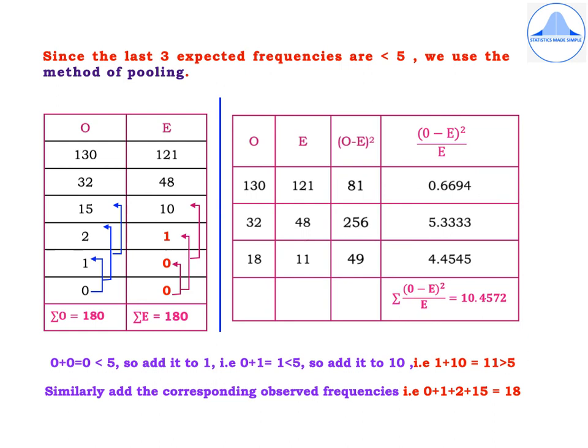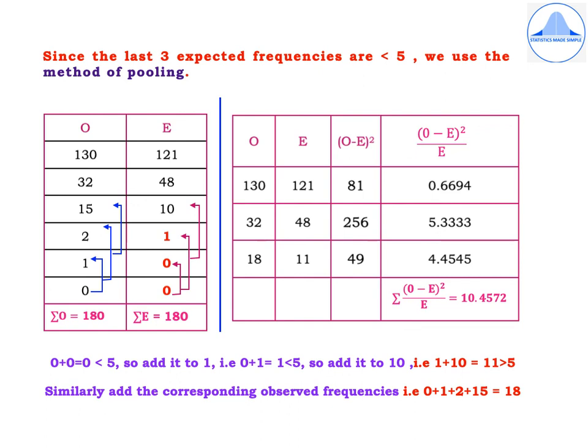Now write down the observed and expected frequencies which we have obtained after pooling. So the observed frequencies are 130, 32 and 18, and the corresponding expected frequencies are 121, 48 and 11. Then calculate O minus E whole square, which is 130 minus 121, which is equal to 9. 9 square is 81.